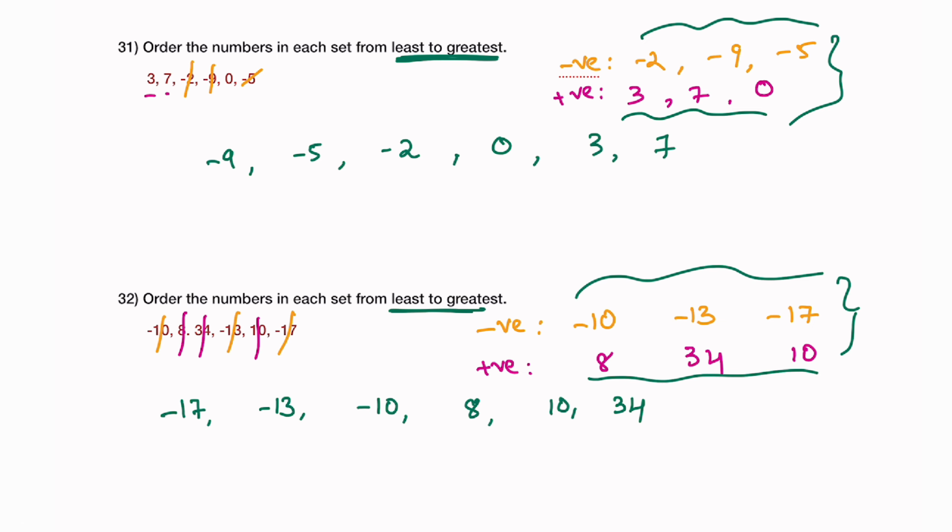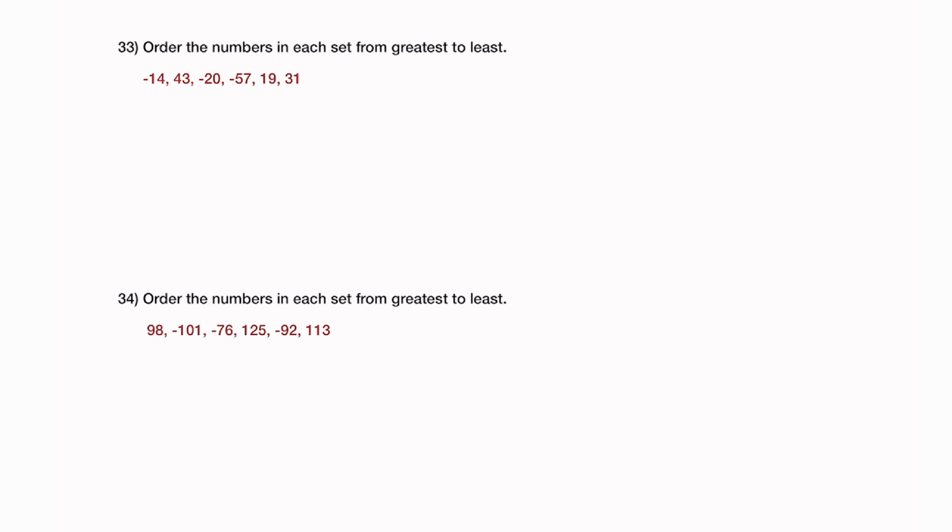So practice. Let's go to the next one. Order the numbers in each set from greatest to least. So it's a reverse process, right? I have the negative numbers minus 14, minus 20 and minus 57. Let's have the positive numbers listed. That's 43, 19, and 31.